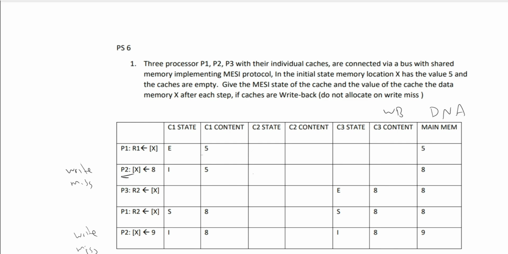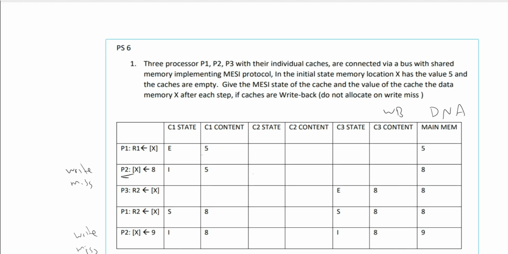Yeah. But then in what situation do you even get a modified state for write back? Because it didn't happen for these lines of code in the first question. The only thing I could think of is if we had allocate instead of do not allocate on write miss. I'm not exactly sure if that's correct.